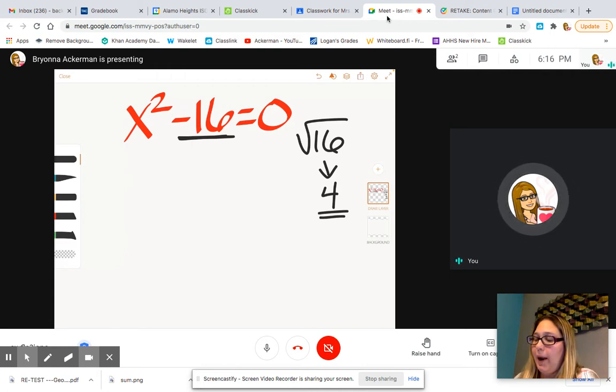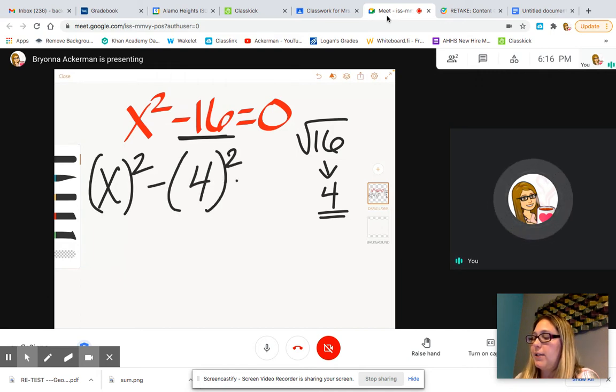If I rewrite this, I'll have x squared minus 4 squared. And notice I didn't change the number. 4 times 4 is still 16. I just rewrote it so that it was squared, so that it was set up for the formula. Now I can just plug it into the formula.